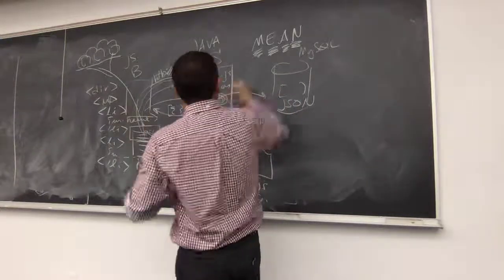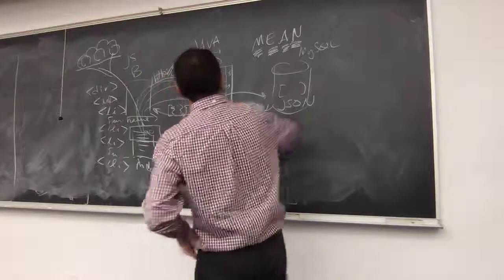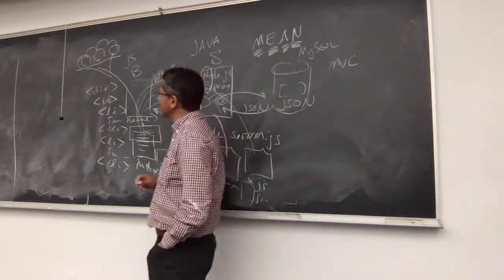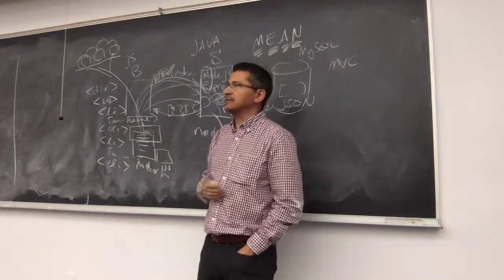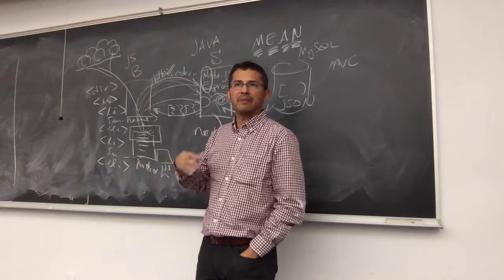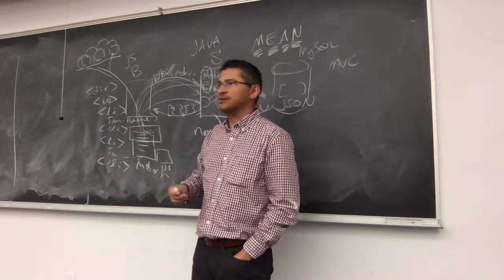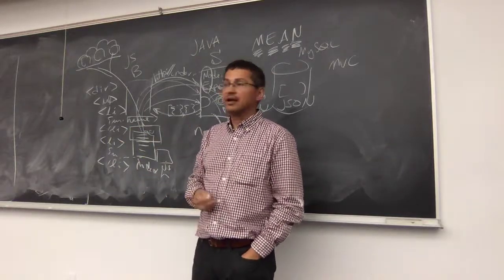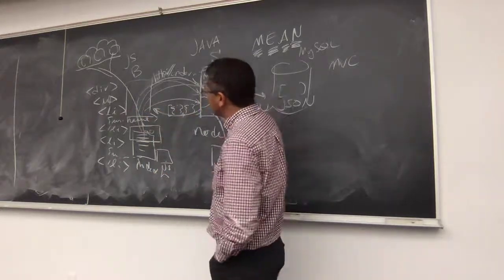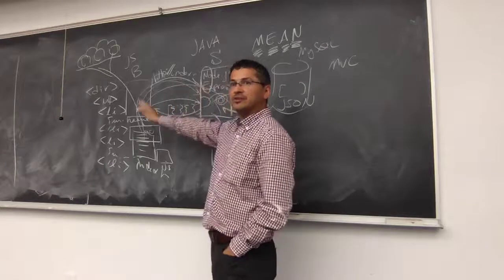And what the MEAN stack and many other competing MVC stacks, like React, Sails, Meteor, Ember, and all these other model-view-controller libraries, provide is a stack where everything all throughout is JavaScript.